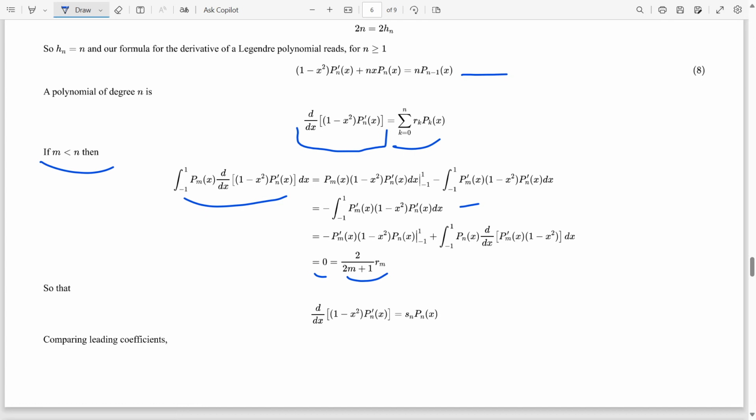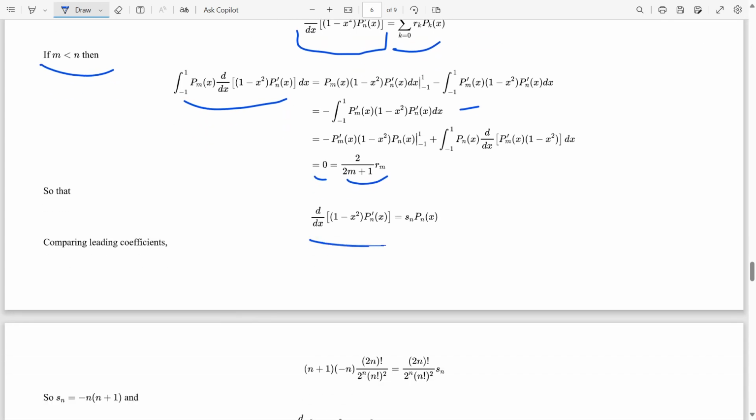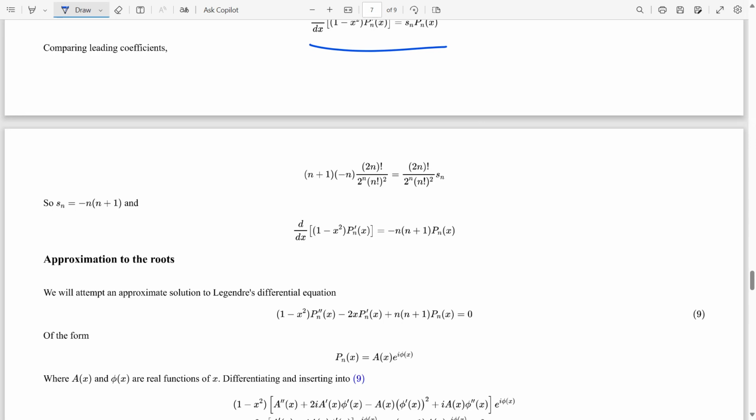This time only the highest order term survives, and we can find its coefficient by comparing the leading coefficient on both sides. The resulting equation is called Legendre's differential equation, usually written out like this.